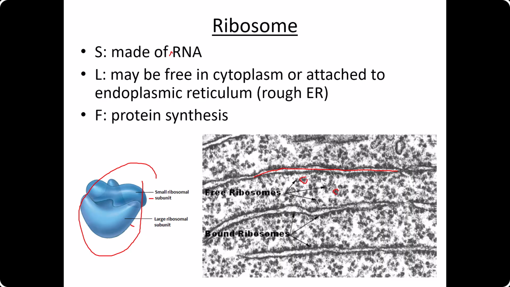And some of those ribosomes are not attached to the endoplasmic reticulum, like the ones I've circled so far. And some of them are attached to the endoplasmic reticulum. So ribosomes can either be free ribosomes or bound ribosomes. And if they're bound, they are bound to the endoplasmic reticulum, which often is abbreviated ER.